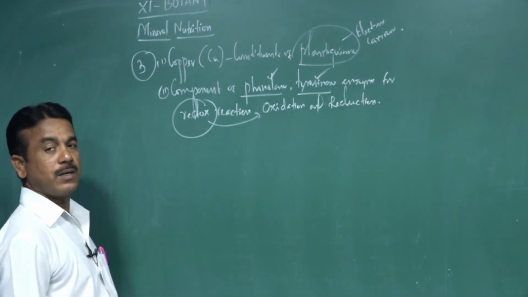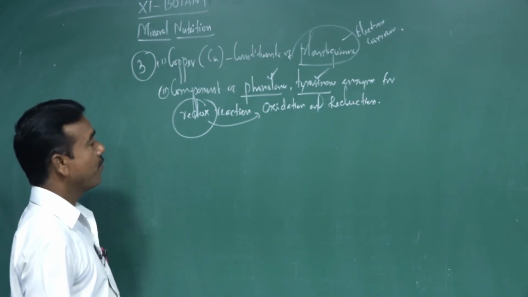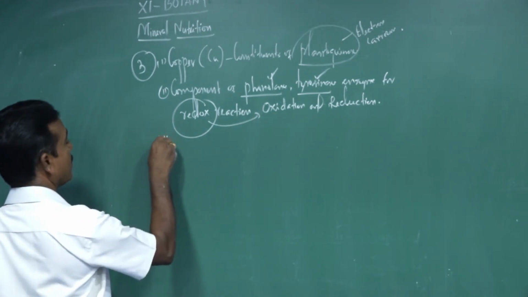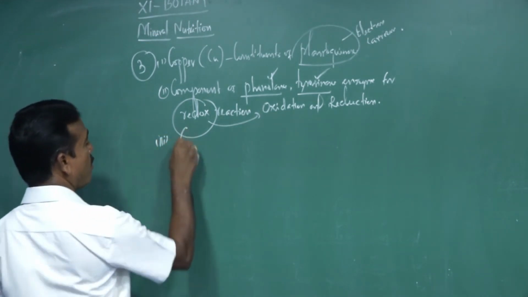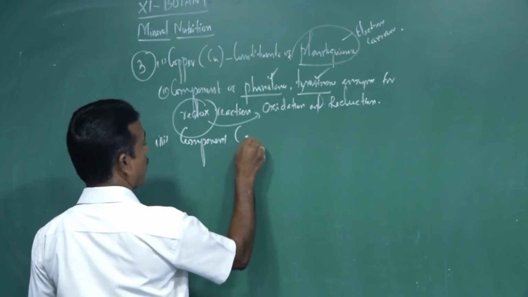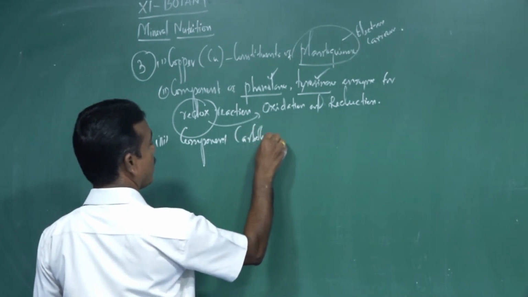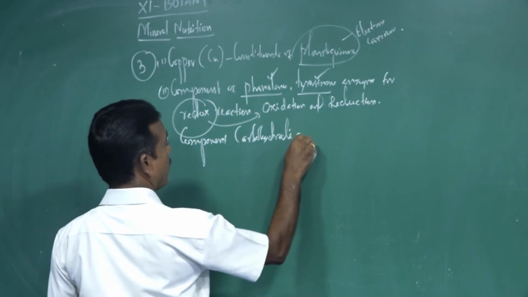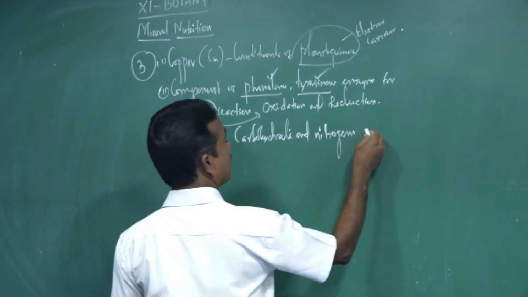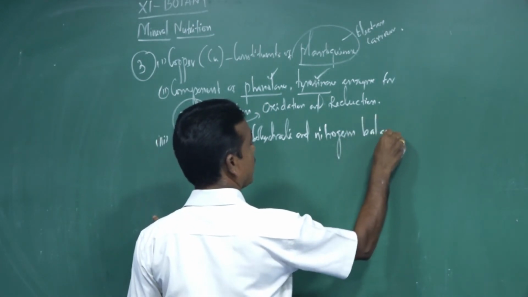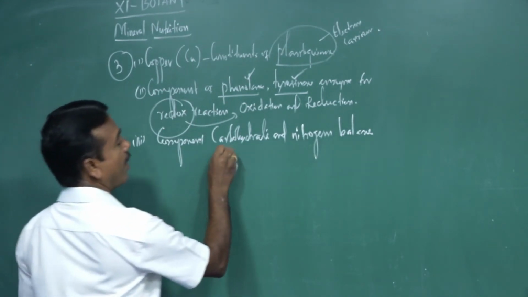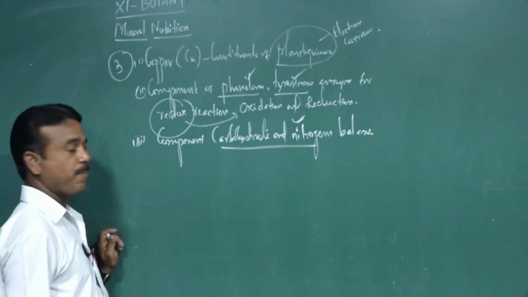So copper is a component of oxidation and reduction reactions. The third thing, it is a component of carbohydrate and nitrogen balance, or it is responsible for maintaining carbohydrate and nitrogen balance.